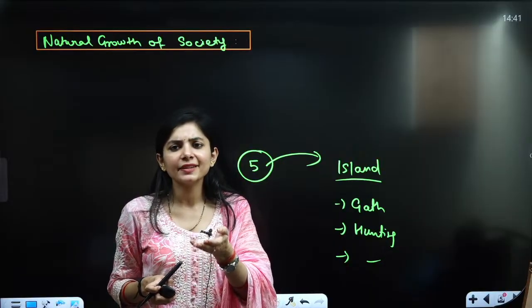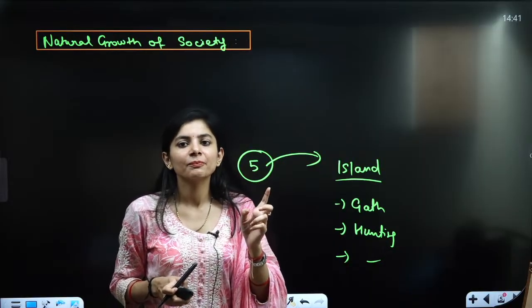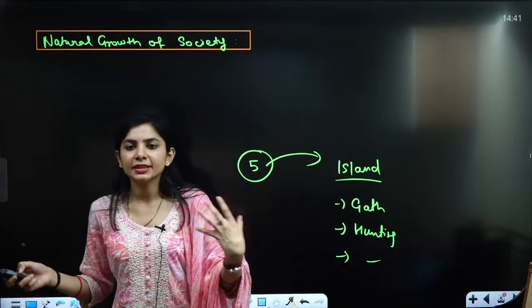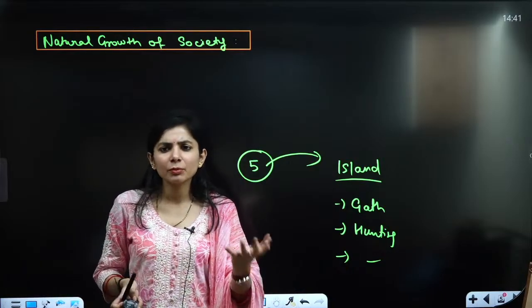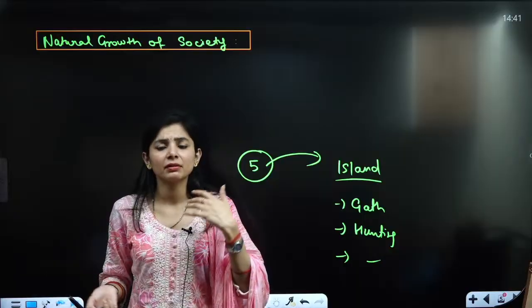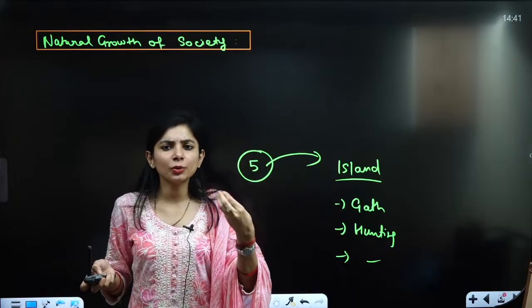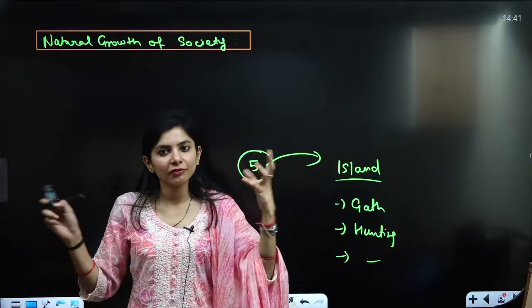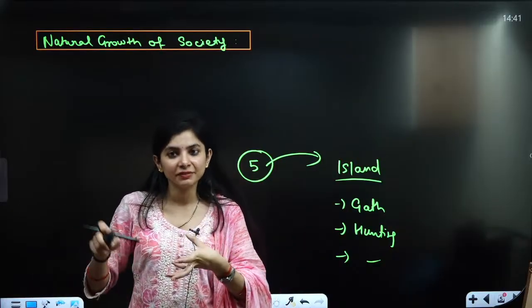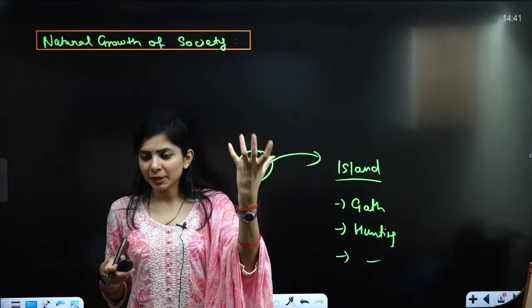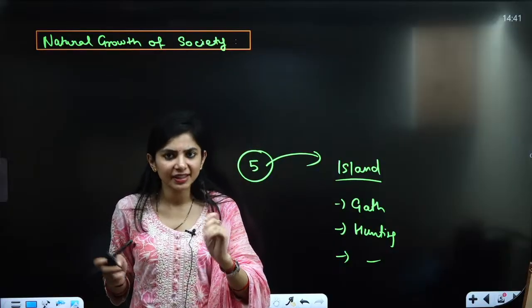You all must have seen the concept of Big Boss. Now the concept of Big Boss has changed, but in the earlier time period, they used to put some 20 to 25 unknown persons at one place. These persons would live there, and Big Boss would give them some survival tasks.